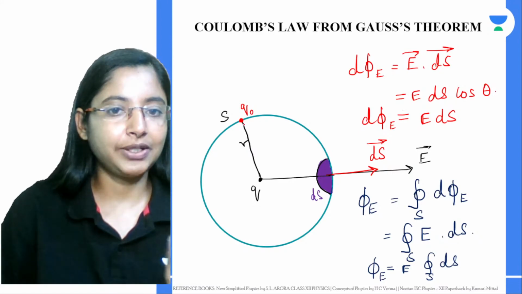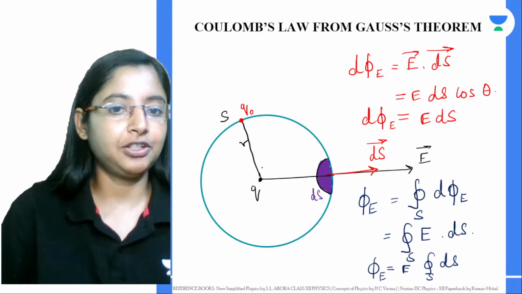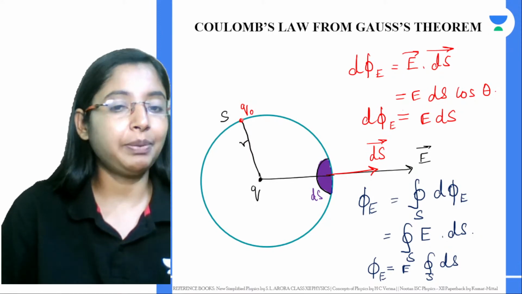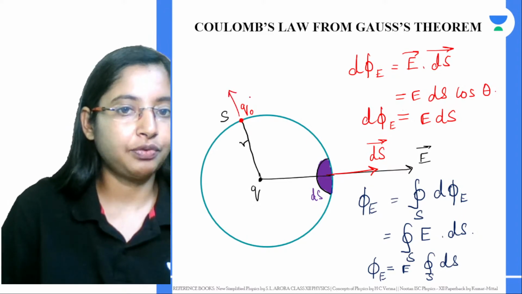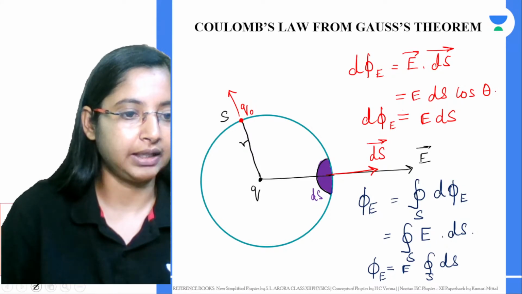R. So as soon as you keep a positive point charge, you're keeping a test charge over here, the source charge is positive, the test charge is also positive. So the test charge will experience a repulsive force, in this direction, because of the source charge. It will be repelled.